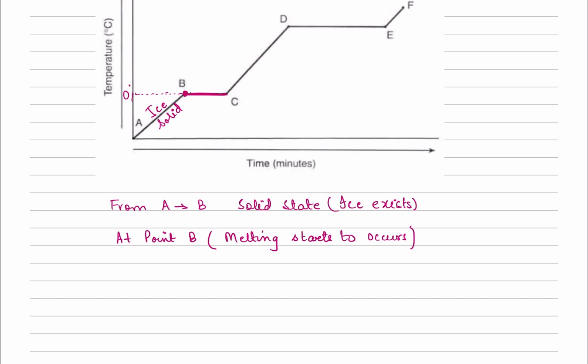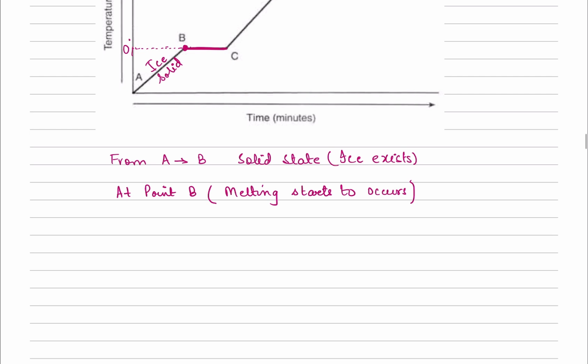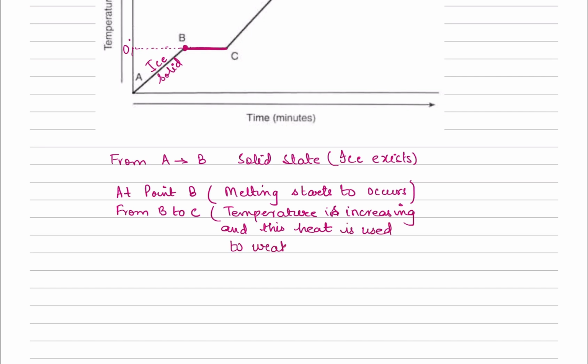From B to C, I'm continuously increasing the temperature, and this heat is used to weaken the forces of attraction, and hence at melting the temperature stays constant.